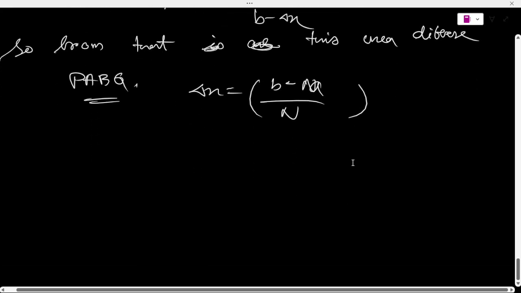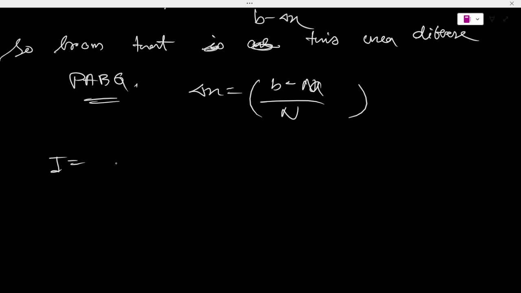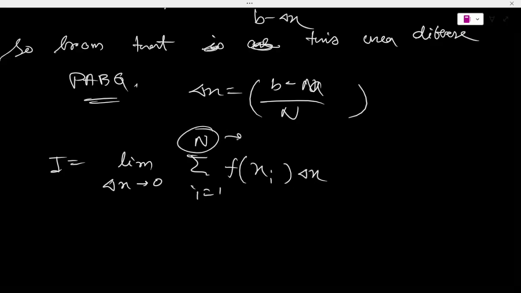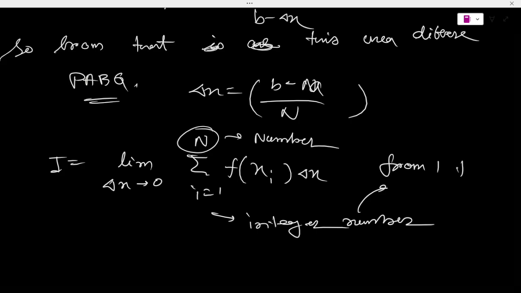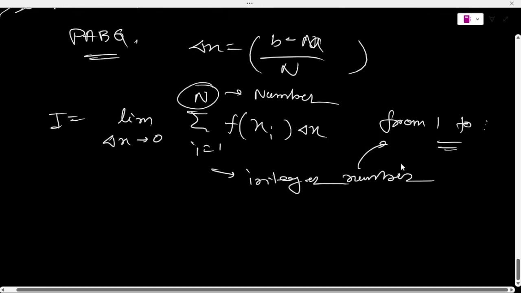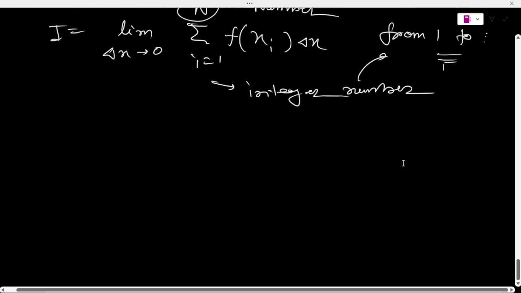So when you apply integration, I is equal to the limit as del x tends to 0 of the summation of i equal to 1 to n of f of xi into del x, where n is the number of intervals and i is an integer from 1 to whatever the limit comes to.